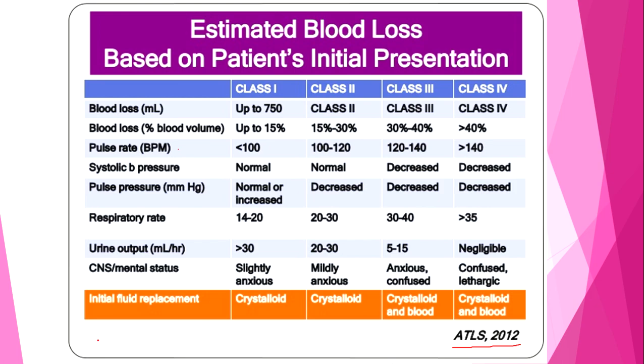And what is more meaningful in this table, we have recommendation for initial fluid replacement. In the Russian recommendation we have colloids. In the Advanced Trauma Life Support recommendation we have only crystalloids and blood.